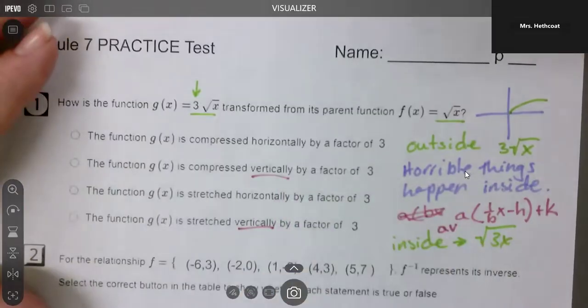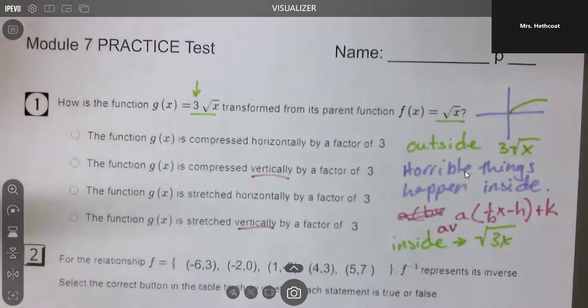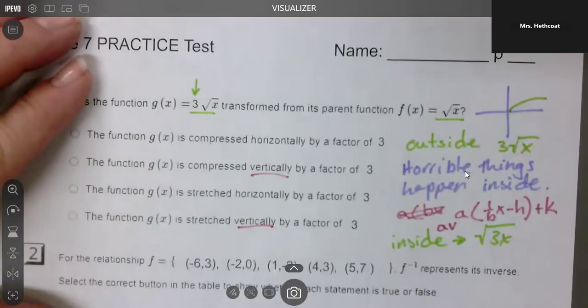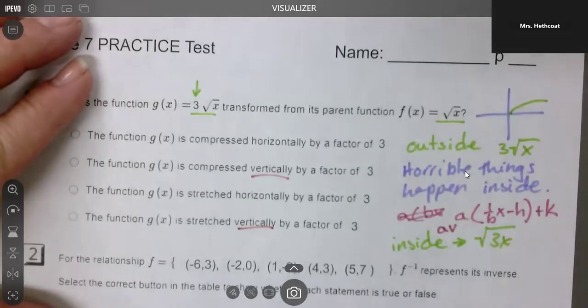But let's talk about how we would expect a 3 to change our graph. So a 3 is a whole number, so we would expect things to get bigger when you multiply by a whole number. If it were inside, we would expect it to get bigger or stretch, but horrible things happen inside, so it would get changed to the opposite of what we expect, so it would be a compression.